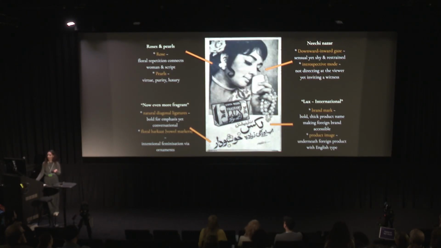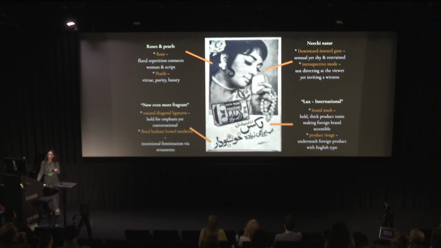So all these elements together in the ad capture what I've called the modest modern Pakistani woman, who is both sensual but self-contained. And the way the Urdu typography works here is quite central in what the images then reflect back.